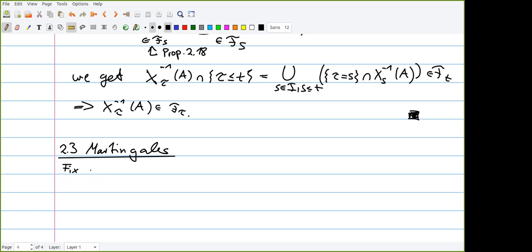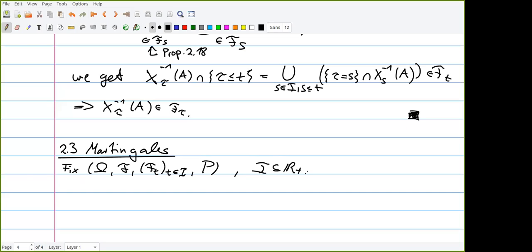So what we want is, we fix a filtered probability space. This is what we have done already before. So we always assume we work on a filtered probability space, (Omega, F, (F_t), P). So this is our filtration, and this is our probability, and I is our index set.